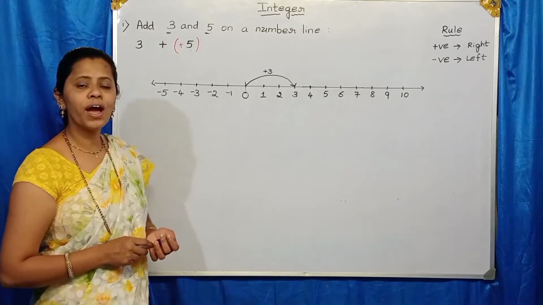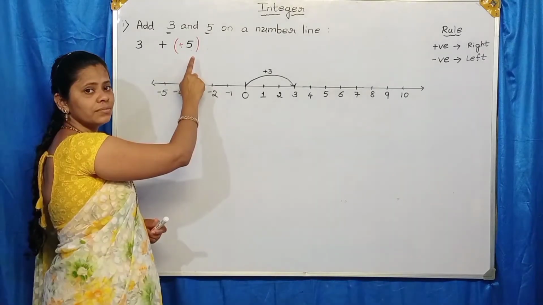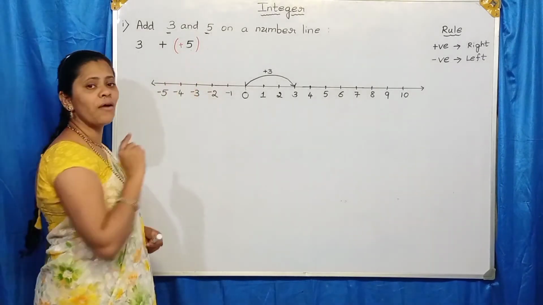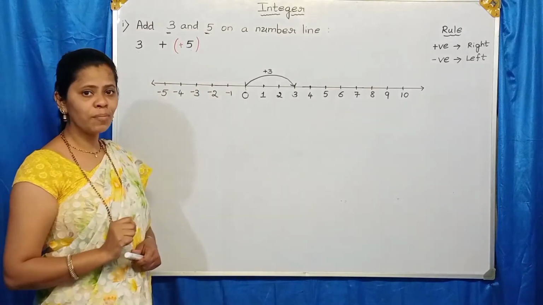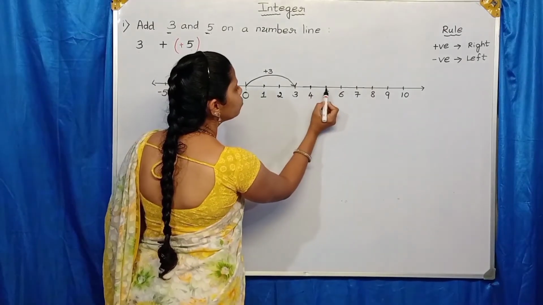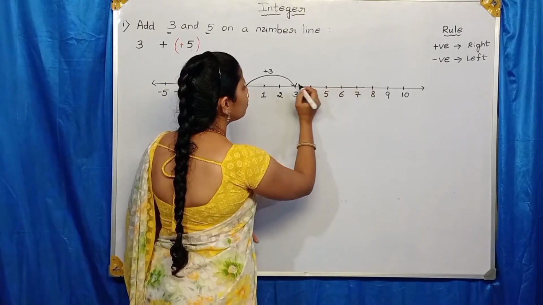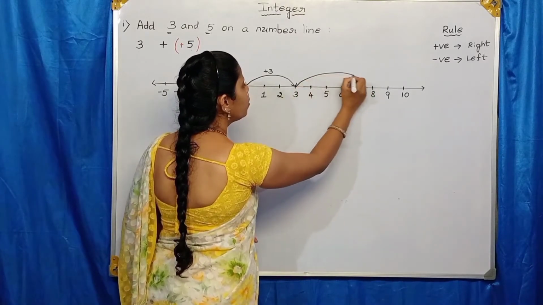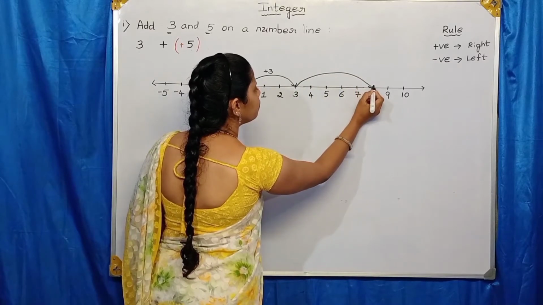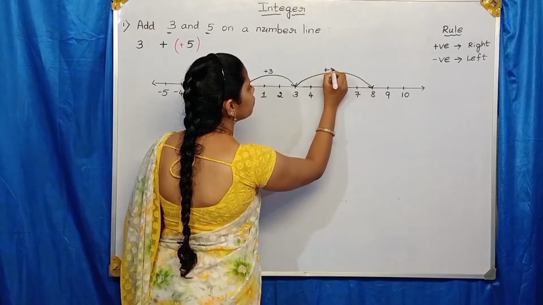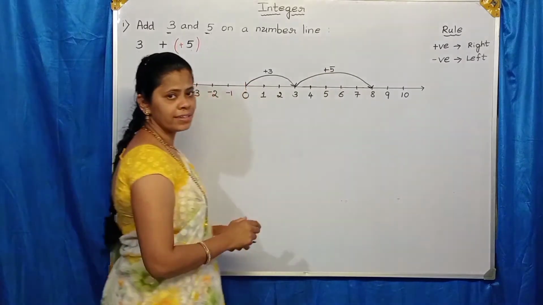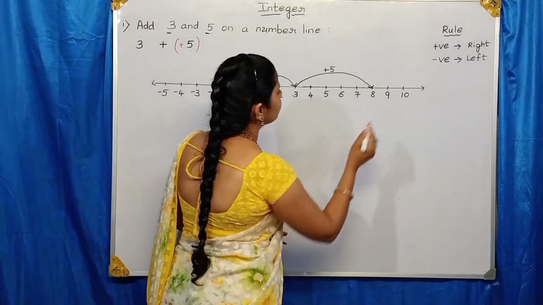How many steps do we have to move to the right? 5 steps we have to move to the right on a number line. 1, 2, 3, 4, 5. So, we will move here. So, our answer is plus 8.